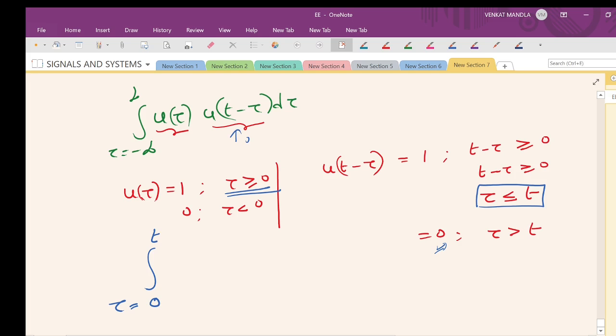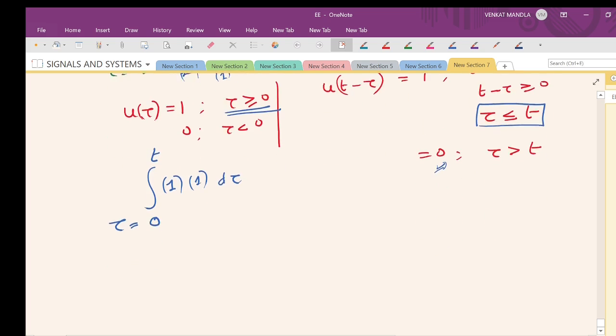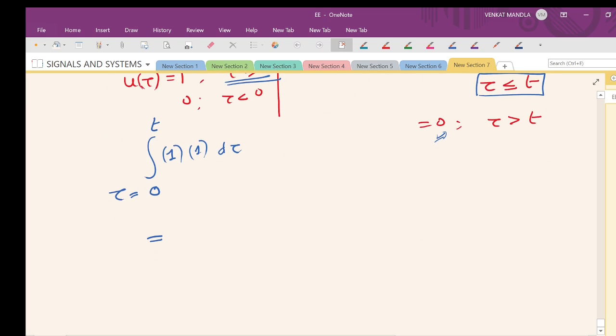So from tau equal to 0 to t, u of tau is 1 and u of t minus tau is also 1. Both are 1, so we integrate 1 into 1 into d tau from 0 to t, and we get t.